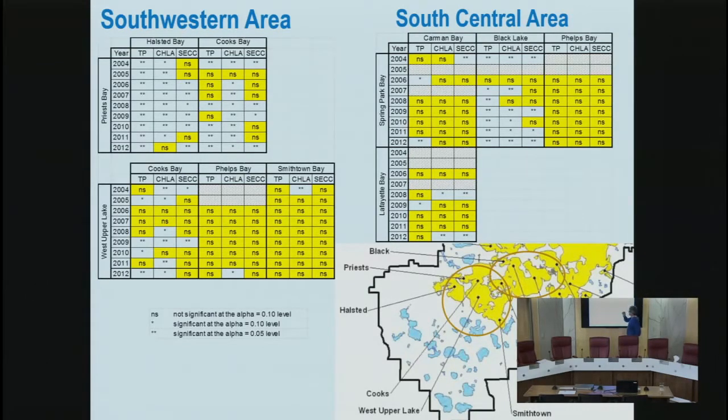So basically, here we're looking at Halstead, which flows into Priest. There's Cooks Bay, West Upper Lake, and then Smithtown Bay. And I think we also had Phelps Bay in there too. So basically, the results said that Halstead's Bay is a lot different than any of the others.